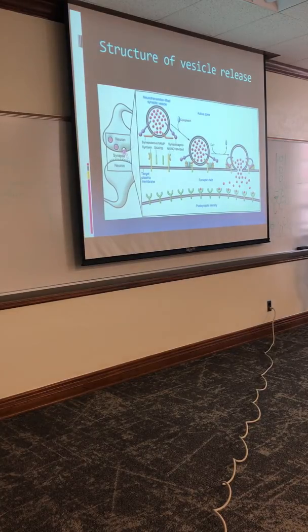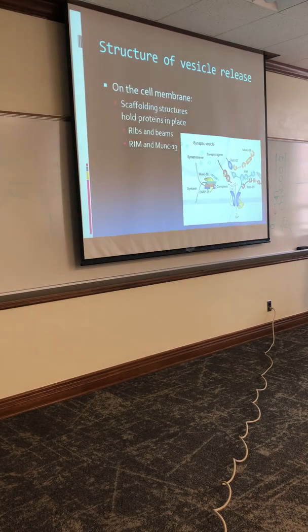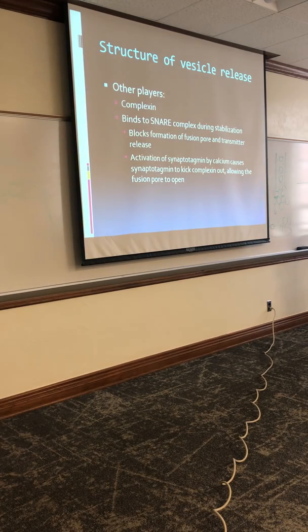And so what has to happen is complexin has to be removed. And so this is where synaptotagmin comes in, right? And so complexin is bound to the molecule. Synaptotagmin actually swings in and knocks complexin out. And that actually destabilizes the snare complex enough that you're going to get the tension necessary to pull the vesicle apart and get release of the neurotransmitter.